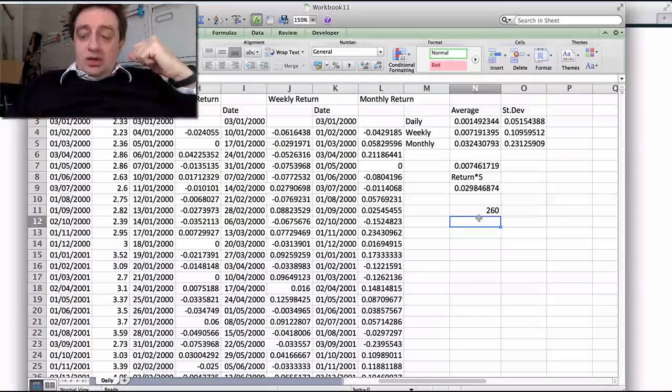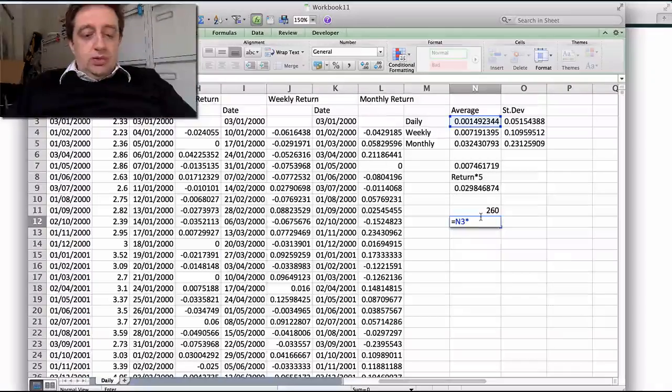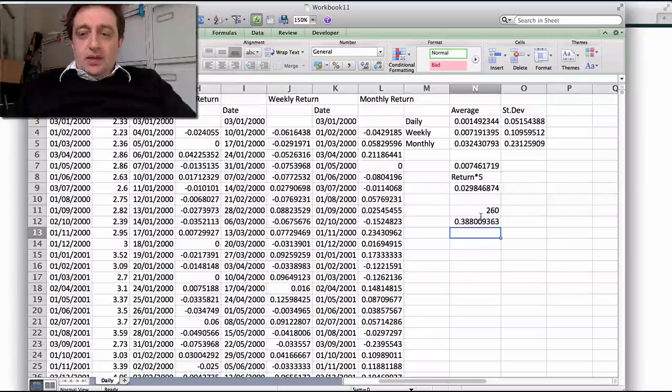But let's say we want to calculate the annualized return for Adidas. Well, we would take the daily return and multiply it by 260. And you see here that I've got an average annualized return of 38%. Now let's say, well, okay, if it's weekly, there's 52 weeks in a year. Let's find the annualized return using weekly data.